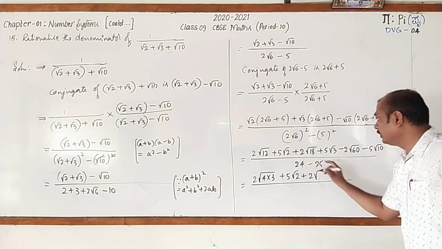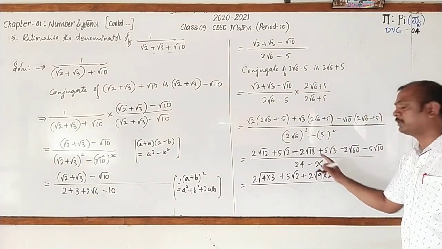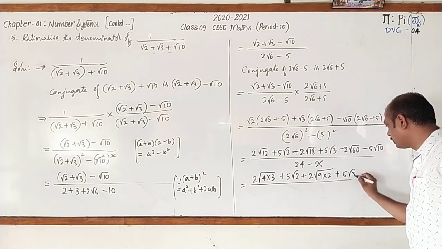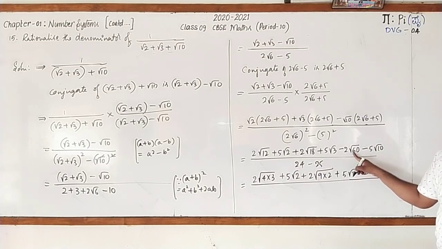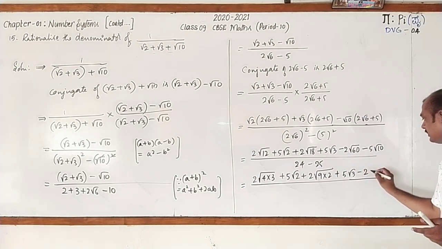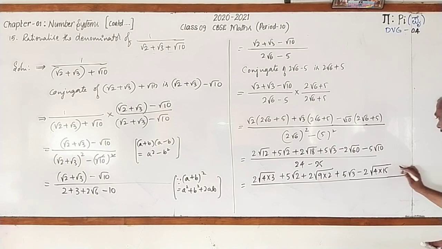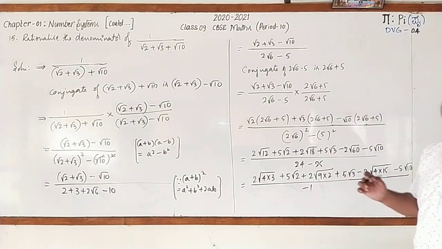Then 2 into root 2, where 18 can be written as 9 2s are, 9 is a perfect square, plus 5 into root 3, minus 2 into, here 60 is there, 60 can be written as 4 into 15, see 4 is a perfect square, minus 5 into root 10 should be written as it is, whole divided by 24 minus 25, that is minus 1.